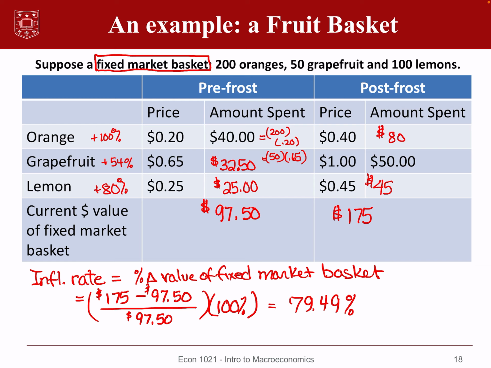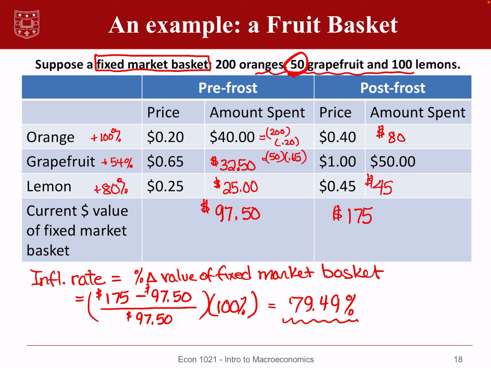Well, we saw that prices rose, they doubled, rose by 100% for oranges, 54% and 80% for the other fruits respectively. It seems reasonable, plausible that this then is an average of that. It's not the average because this is going to be influenced by the relative quantities of the things that are in the market basket. So grapefruit rose by a relatively little amount, and it is a relatively small component of the market basket, whereas we see something different for oranges.